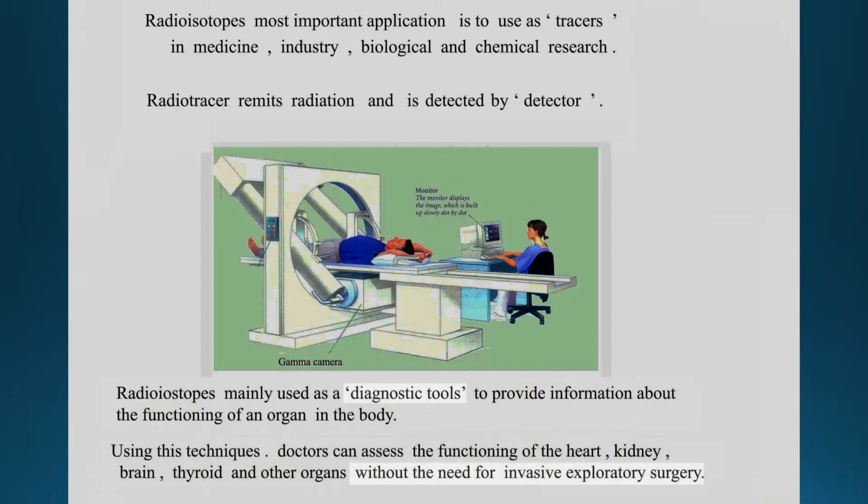In medicine, radioactive isotopes are used as diagnostic tools, which provide information about the organs in the body. Using this technique, doctors can assess the functioning of organs such as the heart, kidney, brain, thyroid, without needing invasive exploratory surgery to find out the problem.